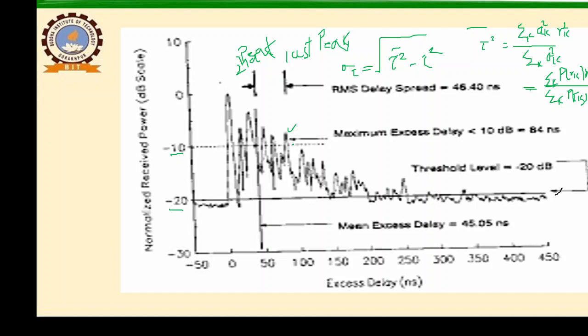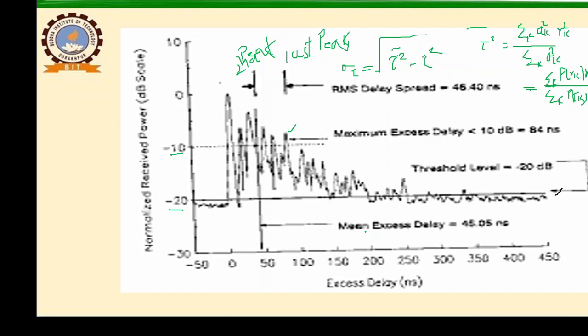This is the maximum delay, and it is always less than 10 dB, and it has a value of around 84 nanoseconds. So the mean excess delay means maximum excess delay minus minimum excess delay.